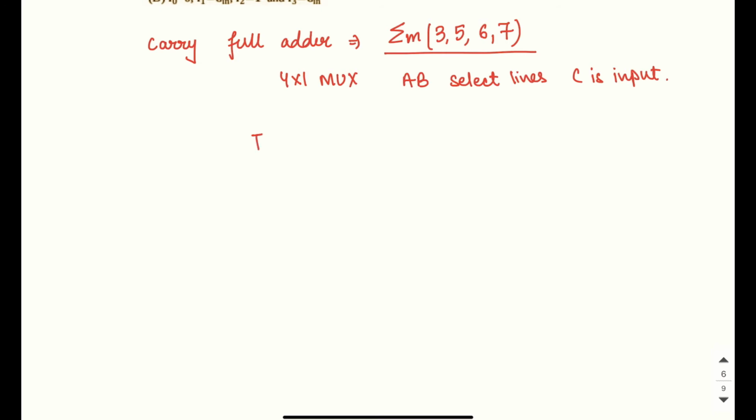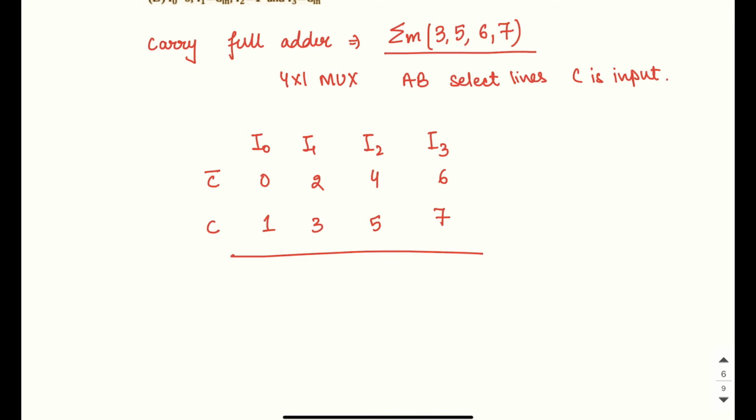So we have I0, I1, I2 and I3. So C is used as the input, it is C bar and C, and the numbers will be written as 0, 1, 2, 3, 4, 5, 6 and 7. Now we just need to circle the terms that are here. We have 3, 5, 6 and 7.